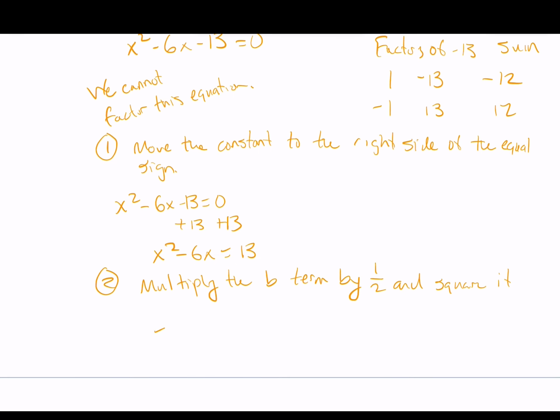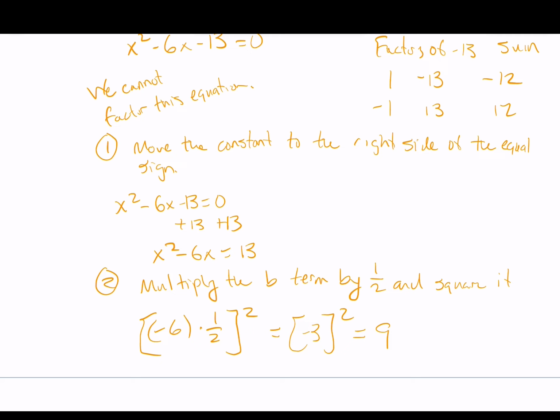That's -6 times 1/2, squared. The b is -6. That's the coefficient in front of x, just x, the linear term. -6 times 1/2 is equal to -3, squared, which is 9.